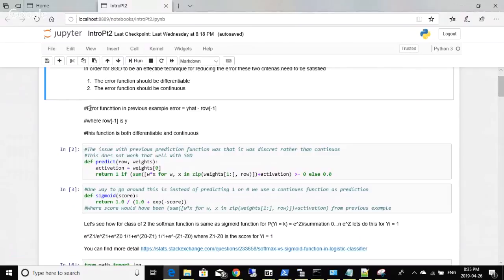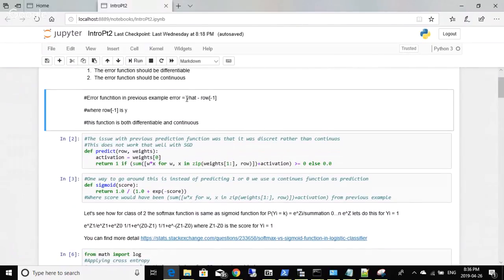It won't work. So from the previous notebook, remember the error is set to y hat minus y, where y hat is the prediction. That's the error.